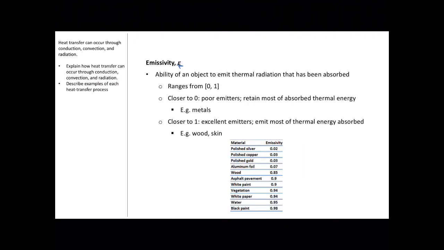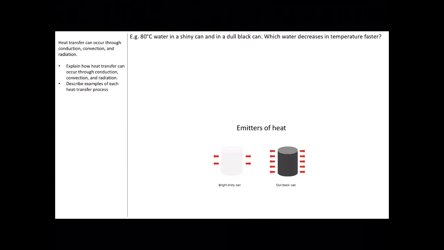So the shiny metal can will be a poorer emitter and will retain most of the thermal energy that it absorbs, whereas the dull black can will be a better emitter and will emit or radiate most of the thermal energy that it absorbs.